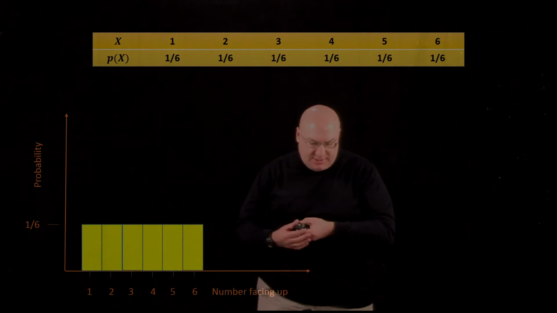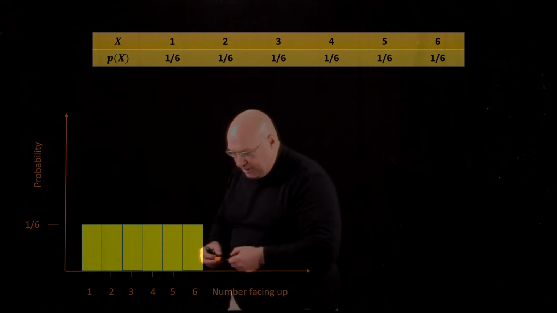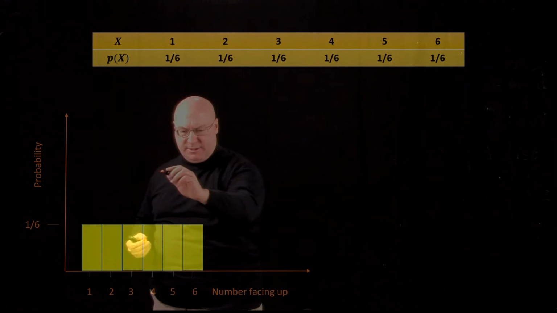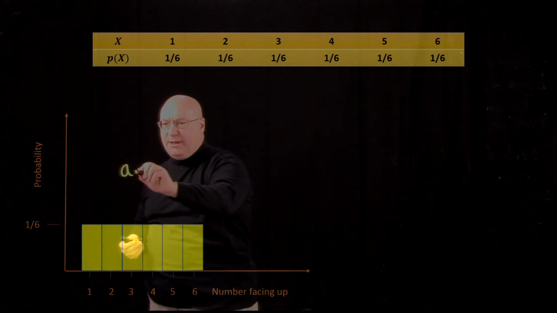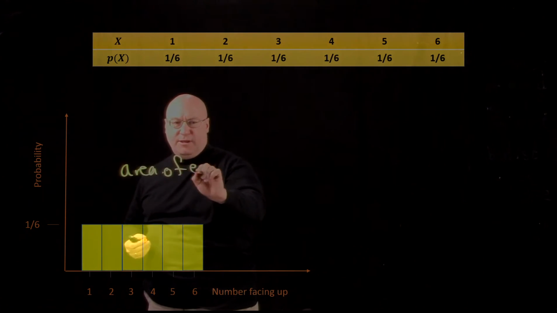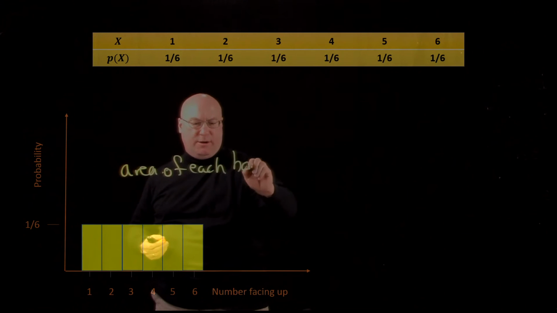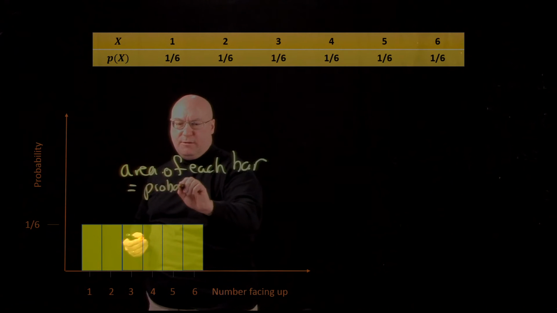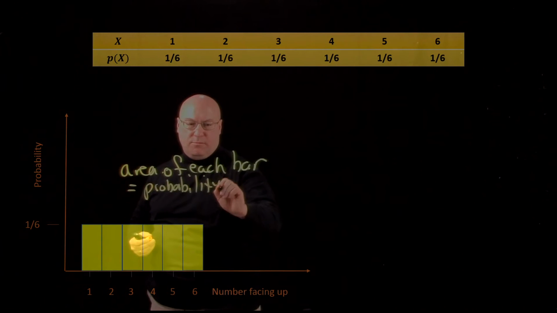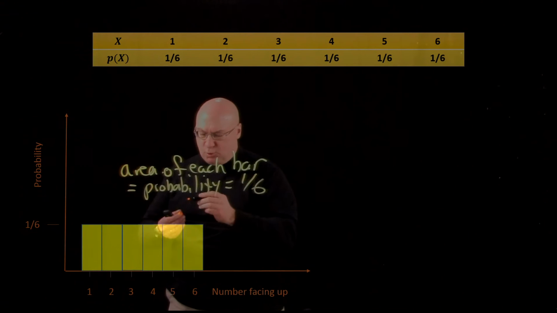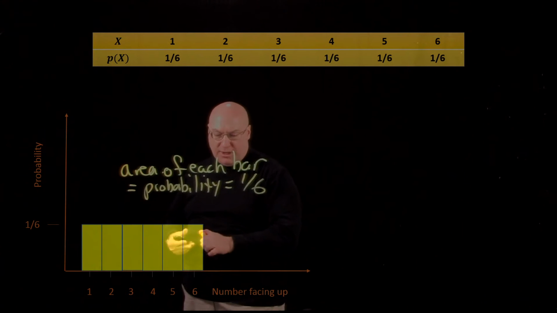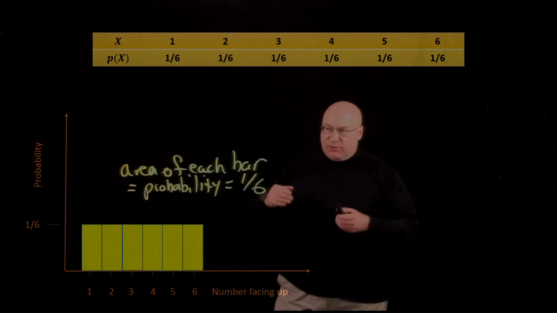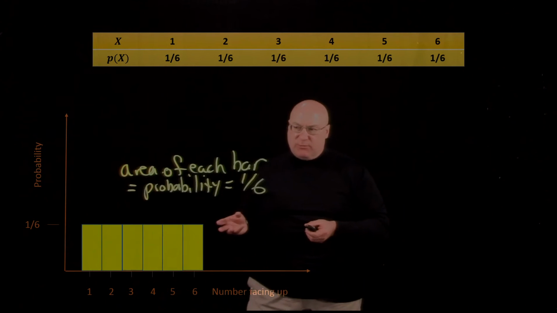Again, you notice that if you think in terms of area, the area of each bar is the probability, which is 1/6, because it's 1/6 times 1. The width of each bar is 1, and the height of each bar is 1/6. So we come back to this idea of area being probability.